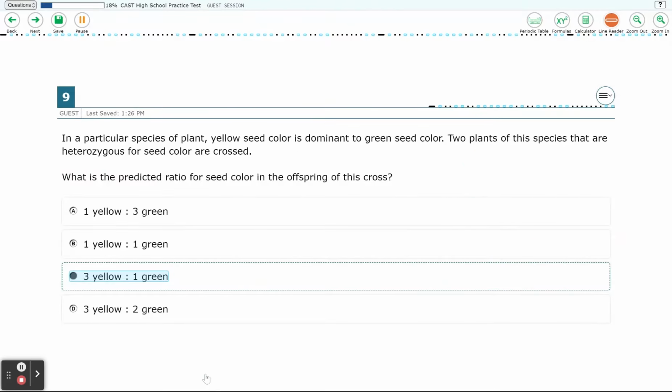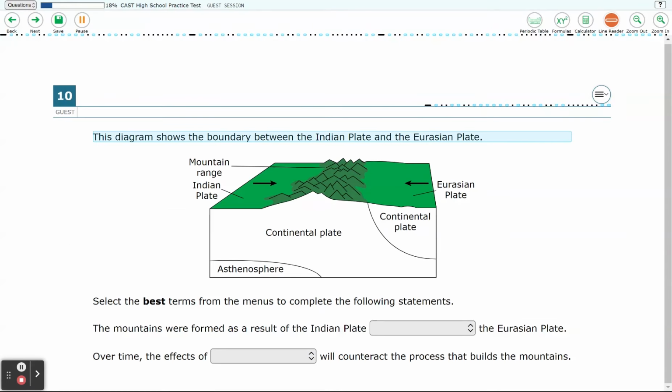And let's head on over to question number 10. This diagram shows the boundary between the Indian plate, you can see the Indian plate here on the left, and the Eurasian plate here on the right. Select the best terms from the menu to complete the following statements.